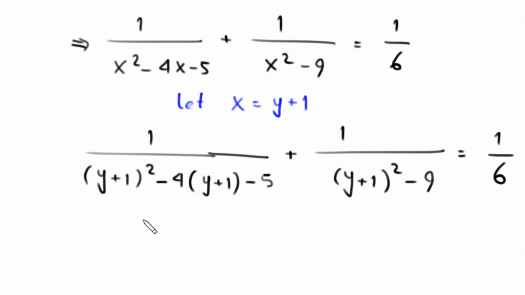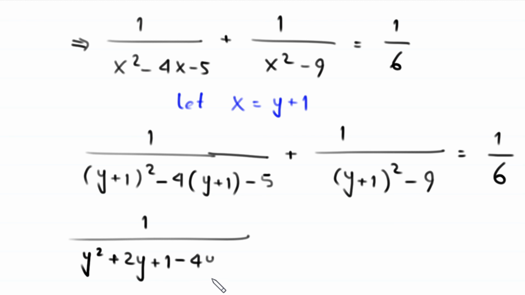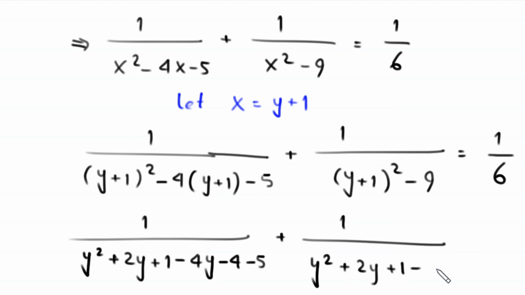Further simplify, this will become 1 divided by y plus 1 whole squared, which is y squared plus 2y plus 1, negative 4 times y, negative 4y, and negative 4 times 1, negative 4, this negative 5, plus 1 divided by y squared plus 2y plus 1 minus 9 equal to 1 over 6.